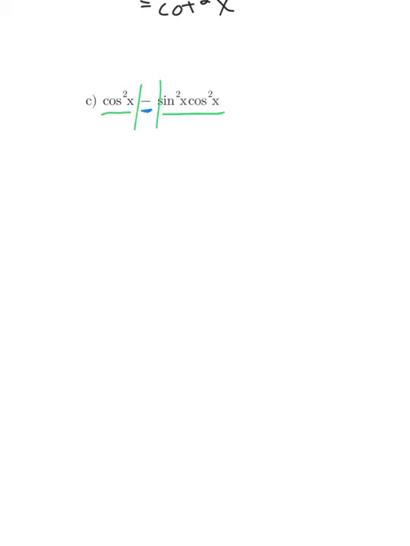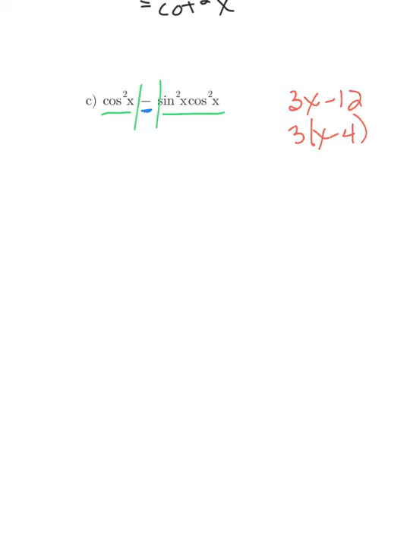Let's think back to something like if you had 3x minus 12. You needed to recognize that 3 can be factored out of both of those, and we could rewrite it as 3 times x minus 4. We're going to use the same concept here. What we need to recognize is that cosine squared shows up in both terms.